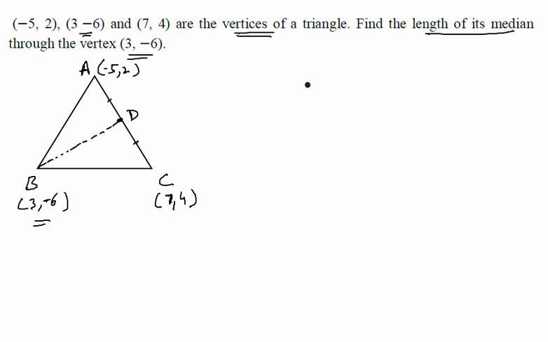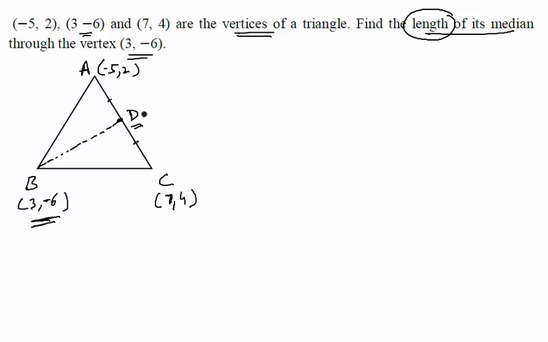Okay. Further, if in any question we have to calculate the length, then distance formula is one of the options we have, right? But when we think of distance formula, let us look at this BD. We have the coordinate of B, but we do not know the coordinate of D, which means that right now we are not in the position to apply distance formula.